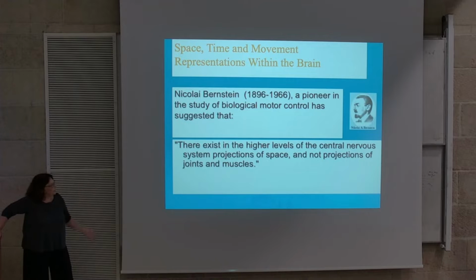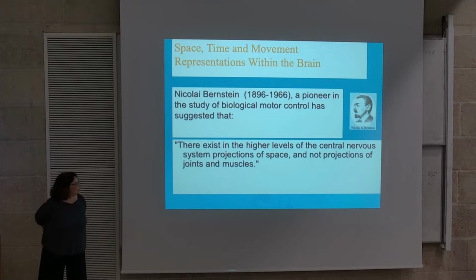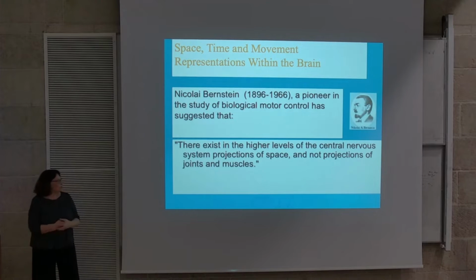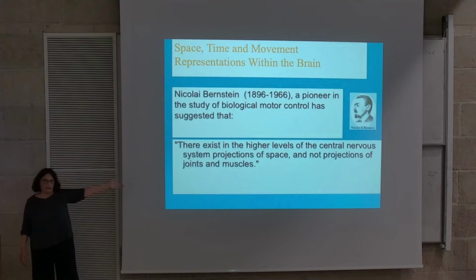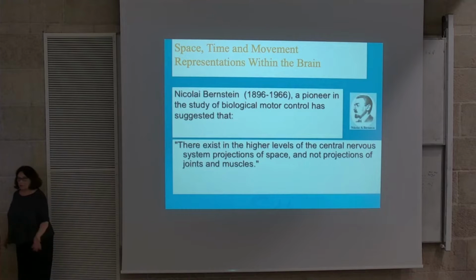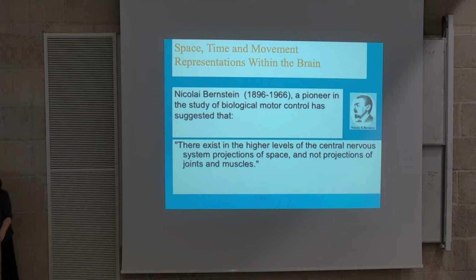But he claimed that there exists in the higher levels of the central nervous system a projection of space and time, and not necessarily a projection of joints and muscles. These might be dealt with at lower levels of the motor hierarchy and not at the higher level of the motor system.